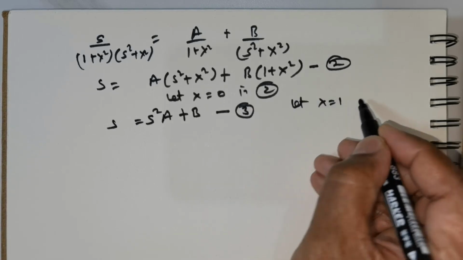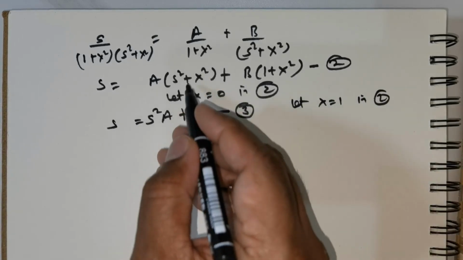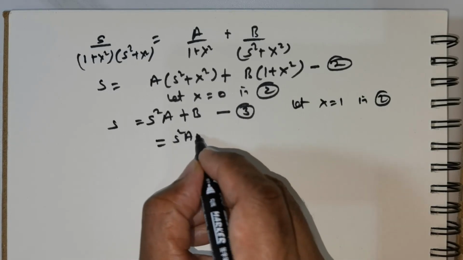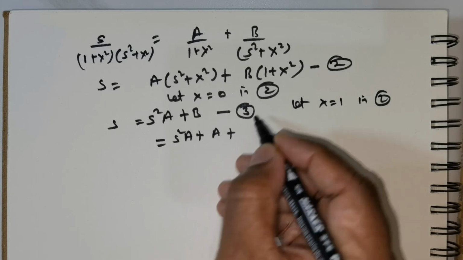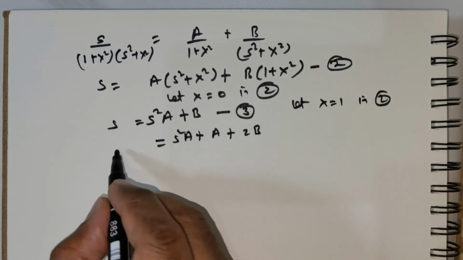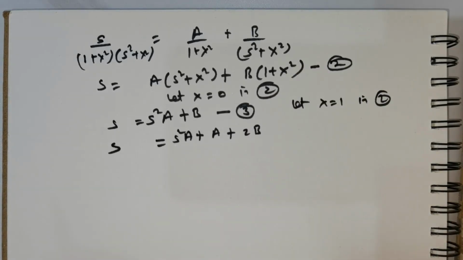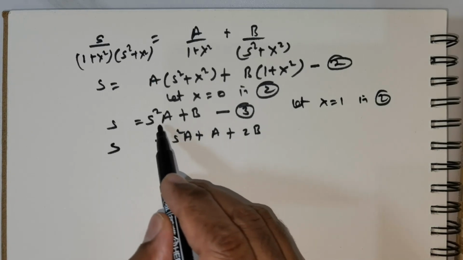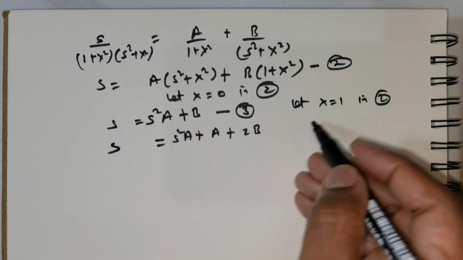Now let x be equal to 1, so that would mean I would have A(s² + 1) + B(1 + 1), that is A s² + A + 2B, over here I get s. Now s² times A can be written as s minus B, right?